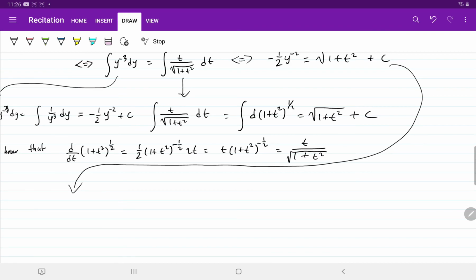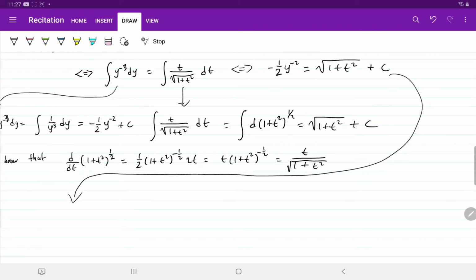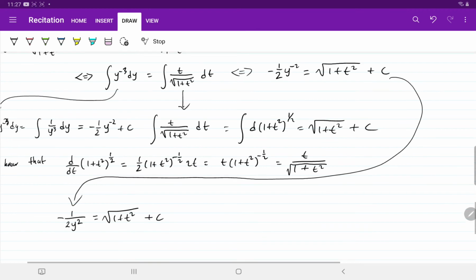All right, so this is minus 1 over 2 y squared equals square root 1 plus t squared plus c.